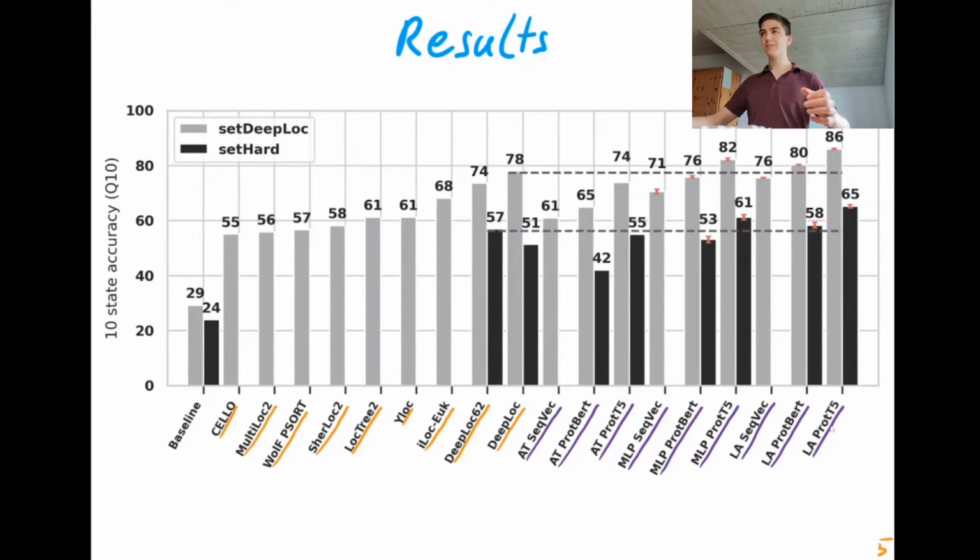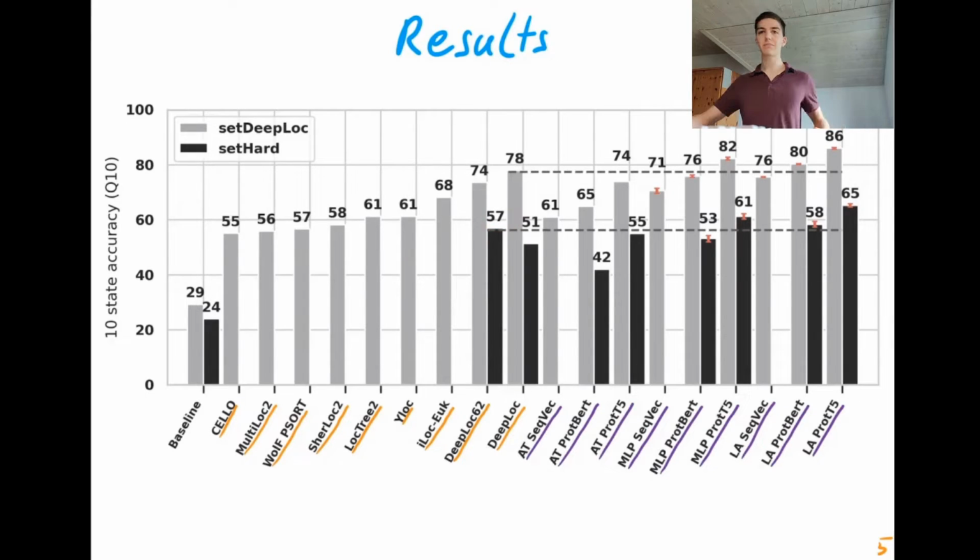Then, first of all, what stands out, our best method, that's light attention trained on our ProtT5 language model embeddings, performs 8 percentage points better than the previous state of the art on deep log test, and also 8 percentage points better than the previous state of the art on the hard test set.